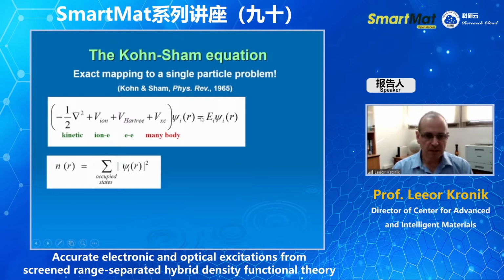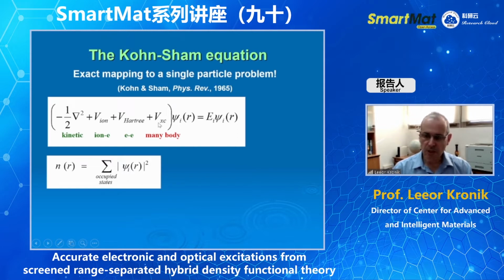So the bottom line is that we have a Schrödinger-like single particle equation with the usual kinetic energy term and an ionic potential, which describes the attraction of electrons to the ions. Then there's a Hartree term, which is basically the classical repulsion of electrons from each other. And all of the many-body quantum physics, which is the hard part, is embodied in another potential, which is known as the exchange correlation potential.